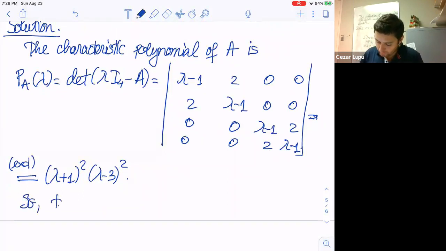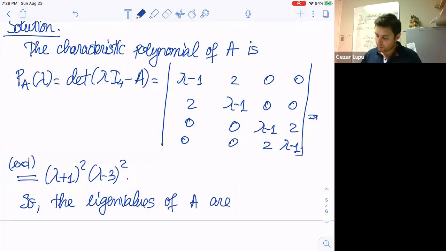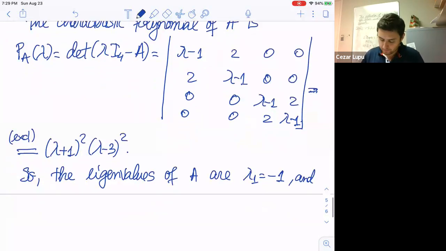So the eigenvalues of A are lambda 1 equals -1 and lambda 2 equals 3.